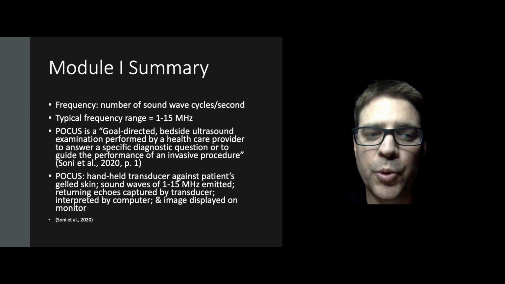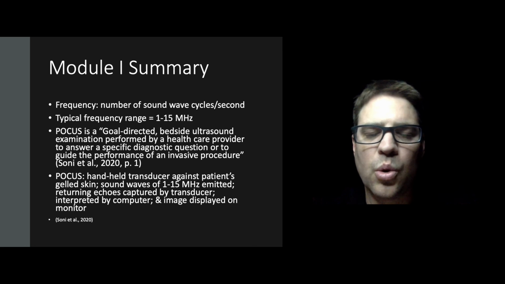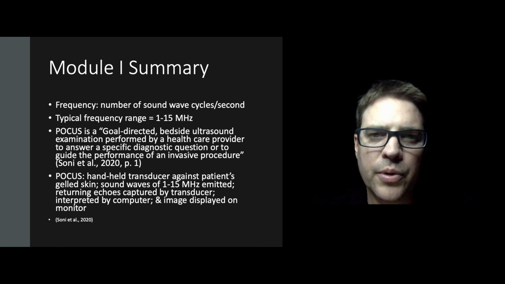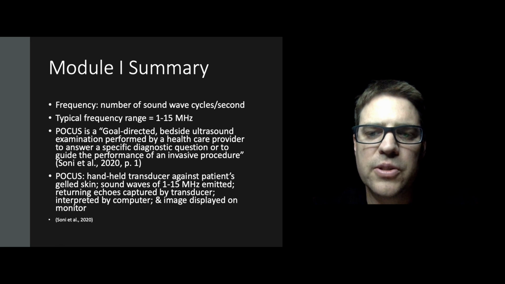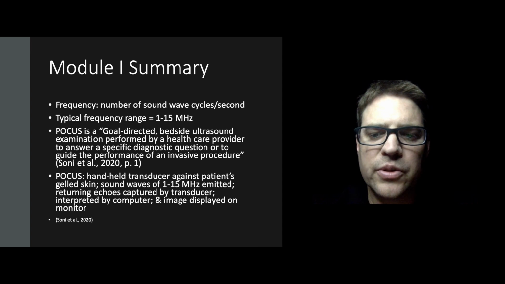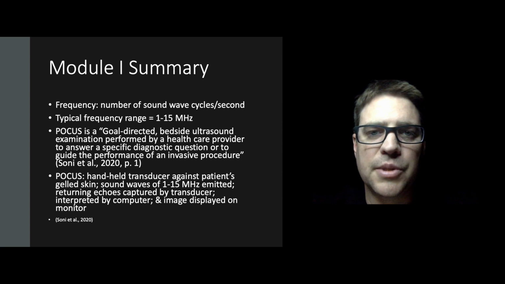POCUS is a goal-directed bedside ultrasound exam performed by a healthcare provider to answer a specific diagnostic question or to guide the performance of an invasive procedure. In POCUS, a handheld transducer is placed against the patient's gelled skin, and sound waves of 1 to 15 megahertz are emitted. The returning echoes are captured by the transducer, interpreted by the ultrasound computer, which then displays an image on the monitor.